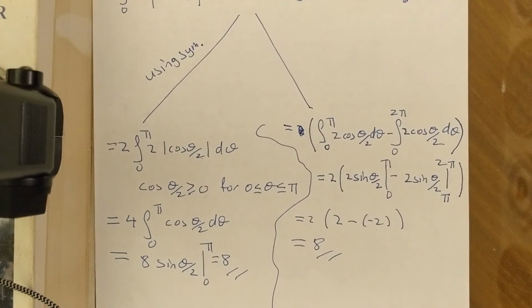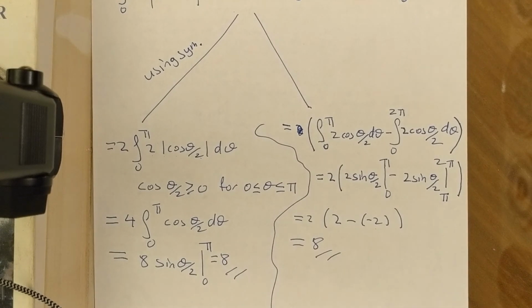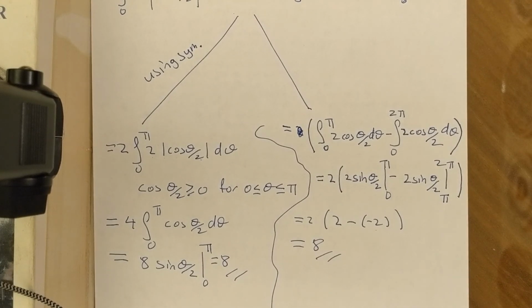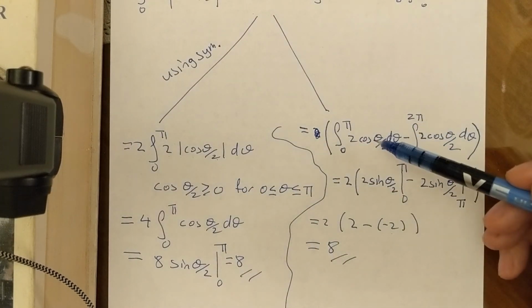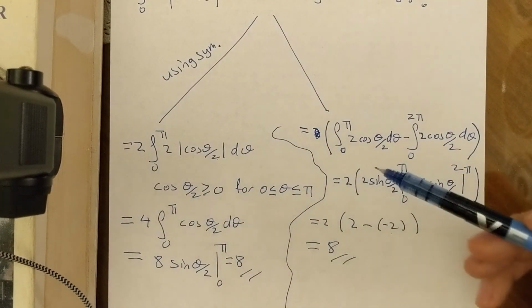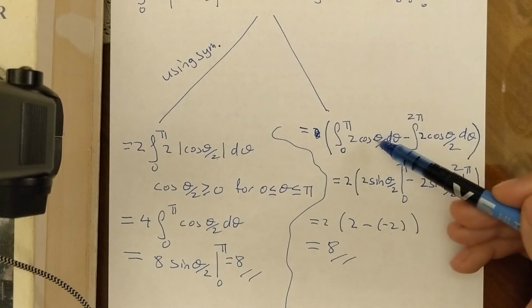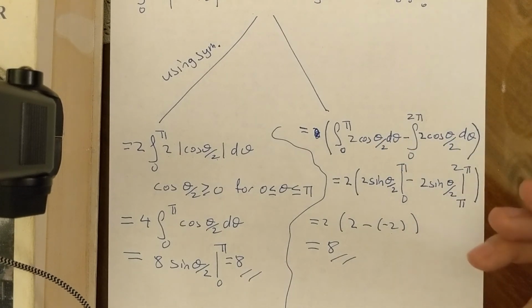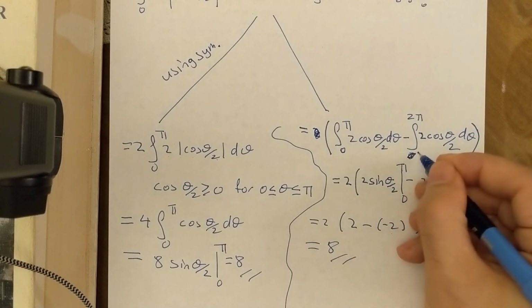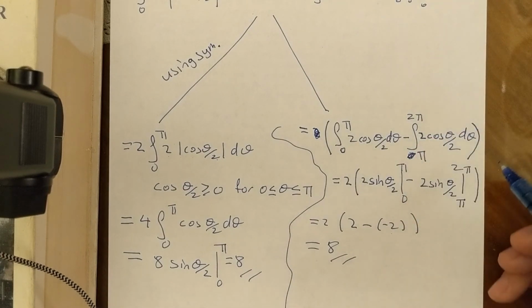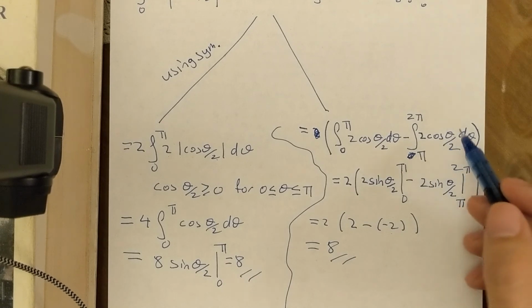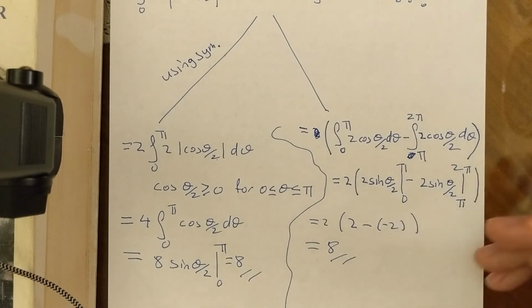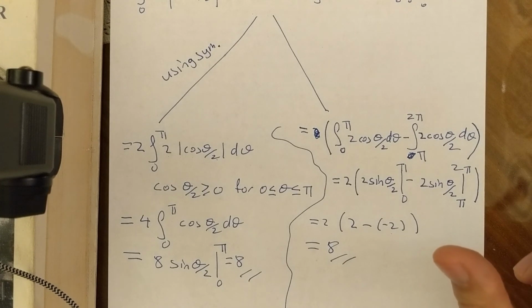Now, if we were not being smart, but were doing this slowly and carefully, I would realize we already did the work here. Between 0 and pi, cosine theta over 2 is positive. Between pi and 2 pi, cosine theta over 2 is negative, because theta over 2 is going to be between pi over 2 and pi.